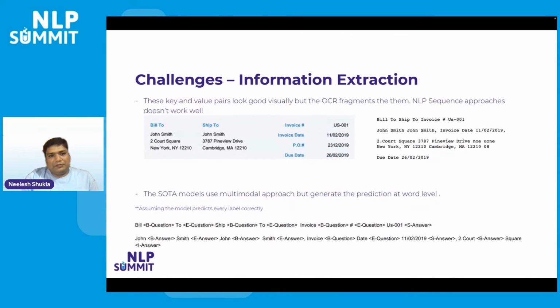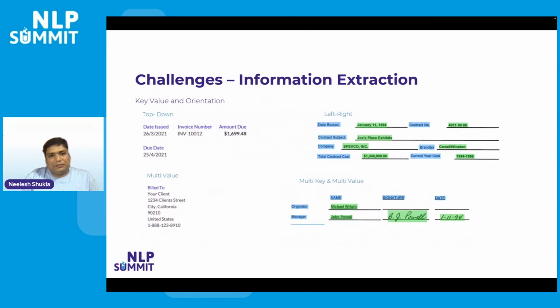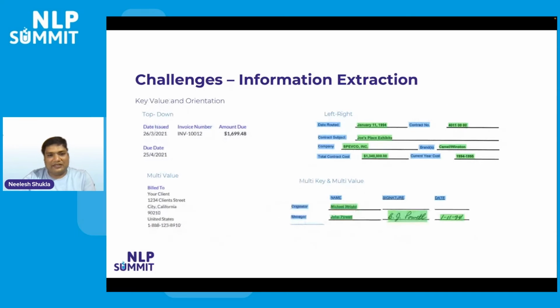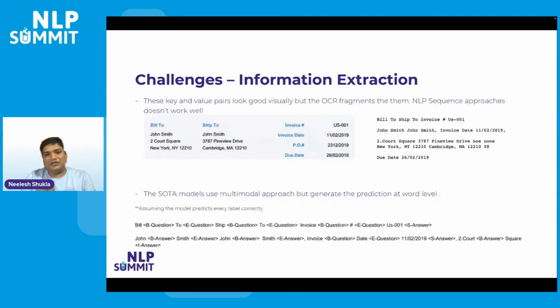Let's try to solve the key value problem itself. It is usually solved as an entity classification problem, where the information is extracted by OCR as text, plus image and positions, so it's multi-modal.